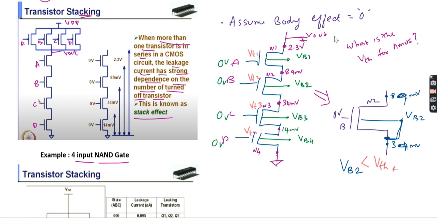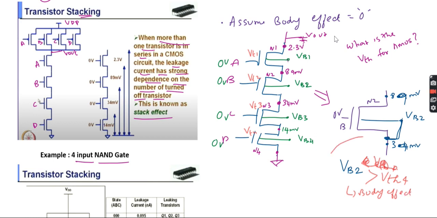Your bulk voltage will be less than the threshold voltage. But here at this point, if this is connected like this, then your bulk voltage will be, sorry, not less than, it will be greater than VTH4. So if I do it this way, there is a chance of getting body effect.